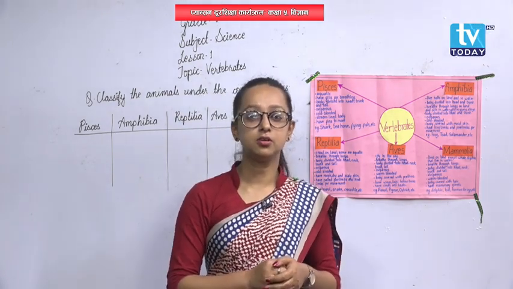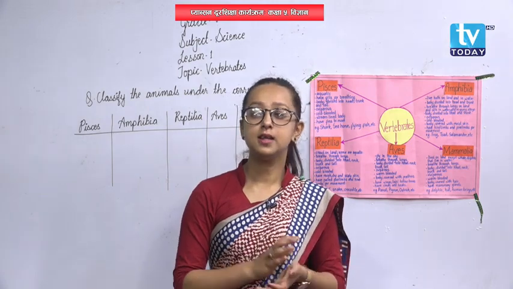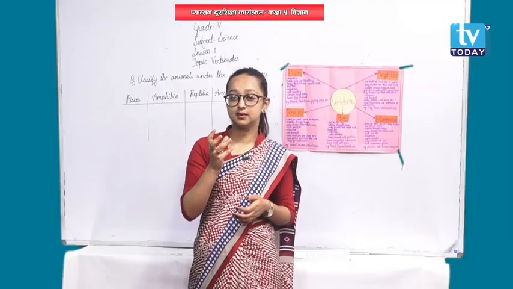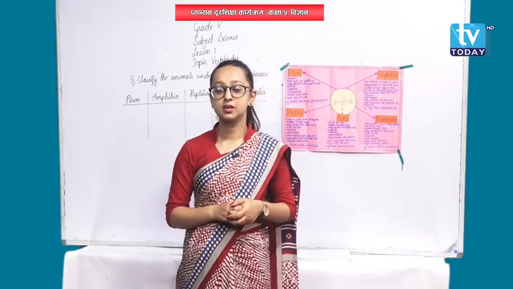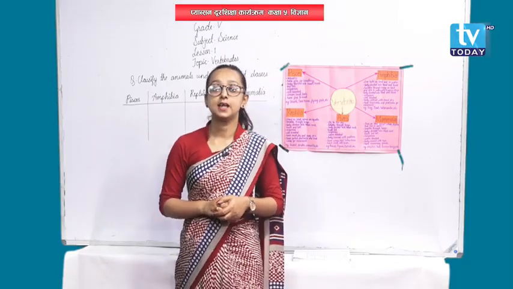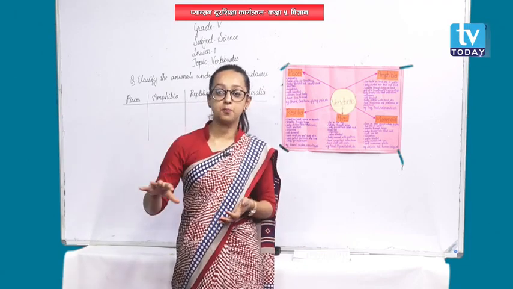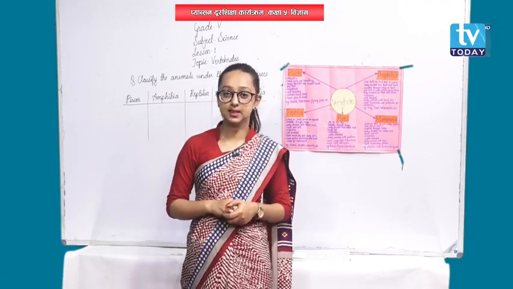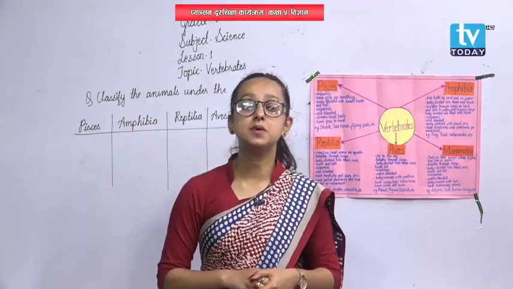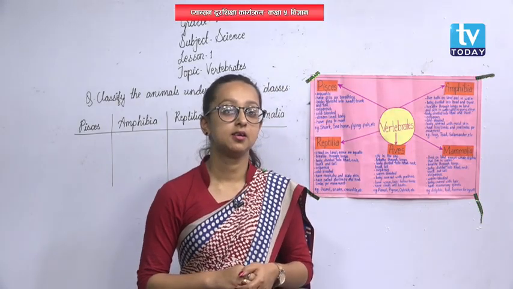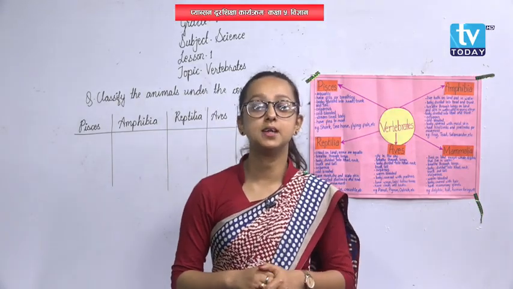Think of the crow or think of the hen only. Do they lay eggs? Yes, they do. They lay eggs and they take care of their eggs also. They keep the eggs warm until they hatch out. Yes? So, that means if they lay eggs, then what are they? Of course, they are oviparous animals.